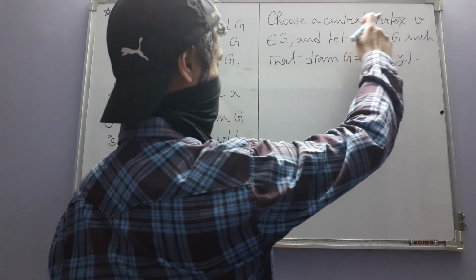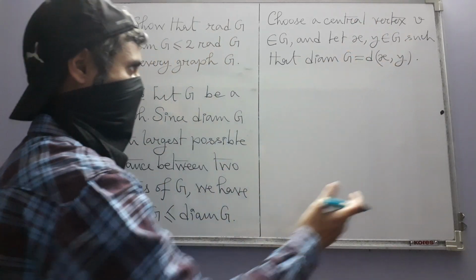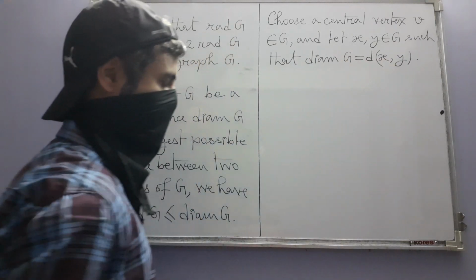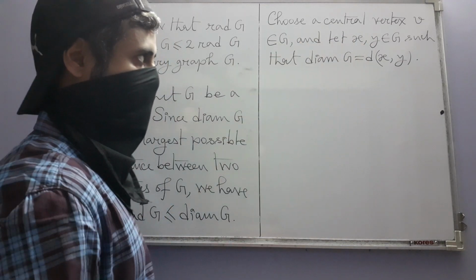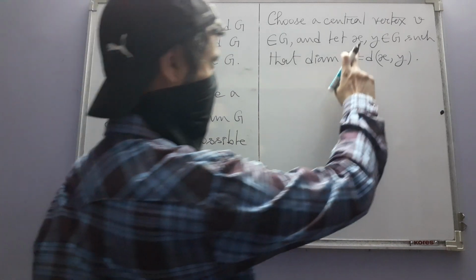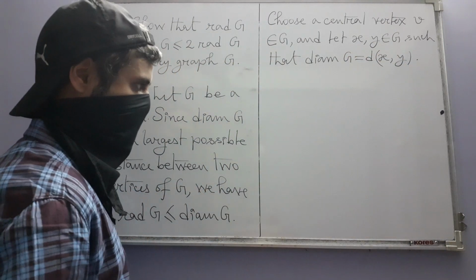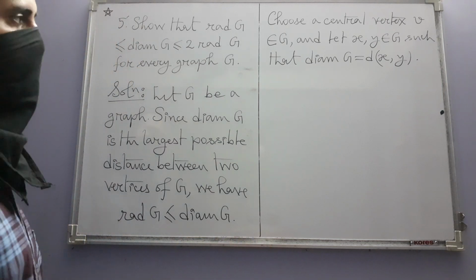That's because we are measuring the distance between them, and from the context it's understood that X and Y are vertices in G and not edges. But if you just simply write X and Y in G without saying anything else, then it will be confusing. Okay, but here there is no problem.